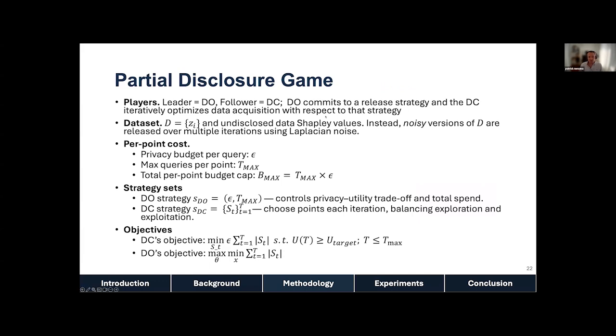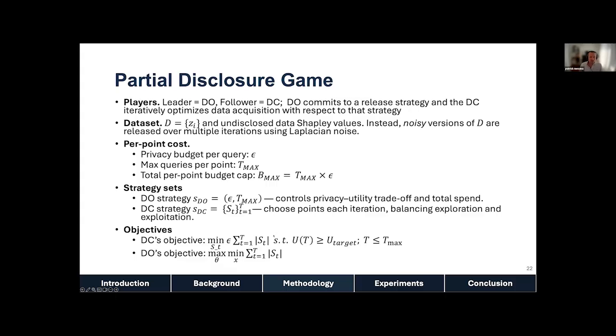What's important to understand here is that the data consumer doesn't have access to the data Shapley values. So to understand which noisy versions of the data points he needs to acquire, he needs to do data evaluation, or he needs to find a strategy that allows him to minimize his costs.